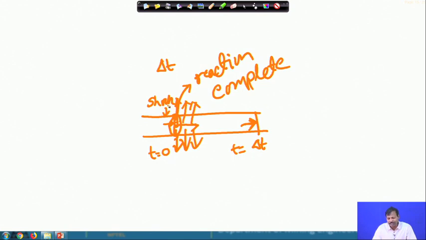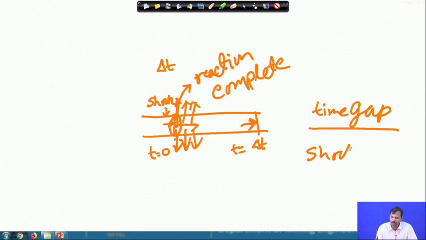So, basically this gives the idea that there is a time gap between the generation of shock and generation of gas from explosive. So, the shock is released ahead of the gas when the explosive is under detonation.